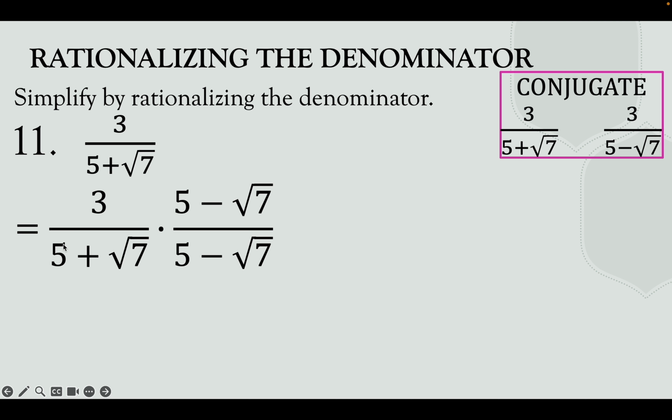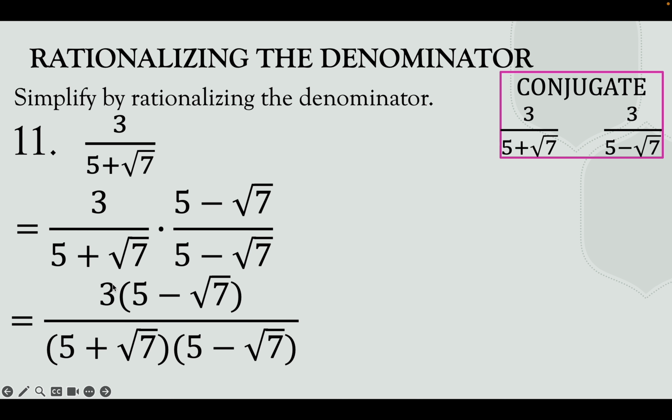We have now 3 over 5 plus square root of 7 times 5 minus square root of 7 over 5 minus square root of 7. So we can multiply this one, direct multiplication. We distribute 3. 3 times 5, we have 15. And 3 times negative square root of 7, we have negative 3 square root of 7.